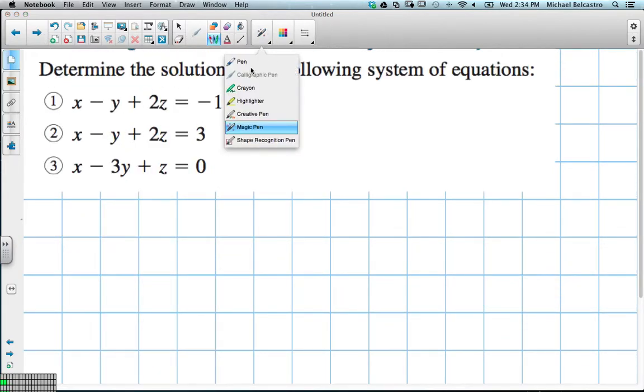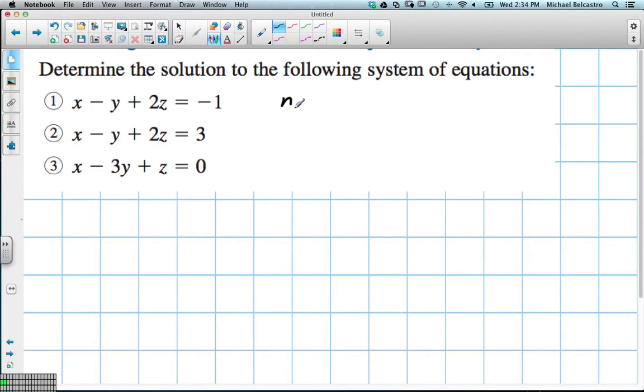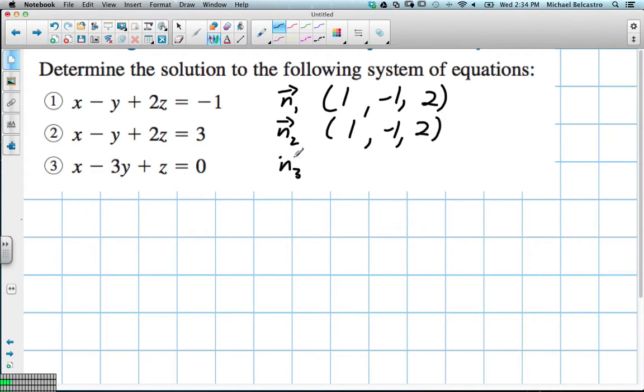Let's take a look at the normals of each of these. The normal of 1 is 1, negative 1, and 2. The normal of 2 is 1, negative 1, and 2. And the normal of 3 is 1, negative 3, and 1. Already, by looking at it, we have identical normals, which means these are parallel.